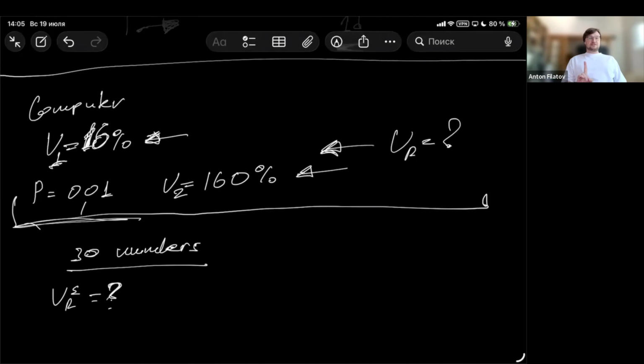And with 1% probability, the next number will be distributed with 160% volatility. So basically, you can think about it as some radio noise, and then once in an hour or two, it just bumps you with a high sound, something like this, right?